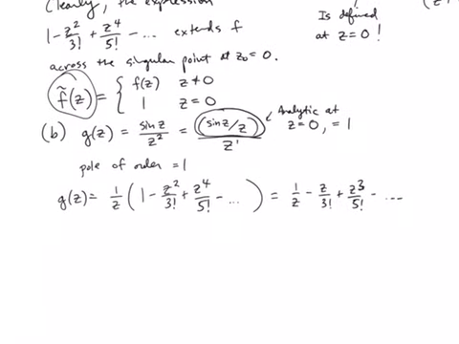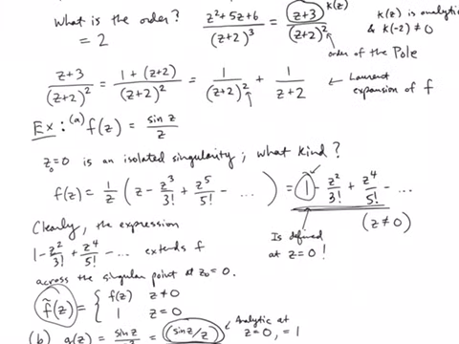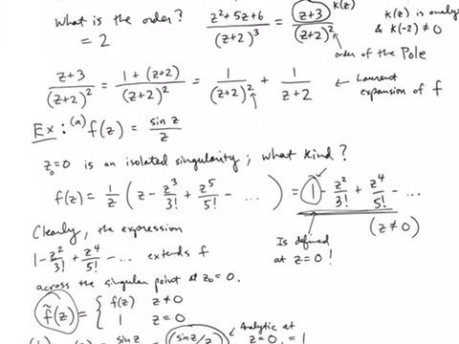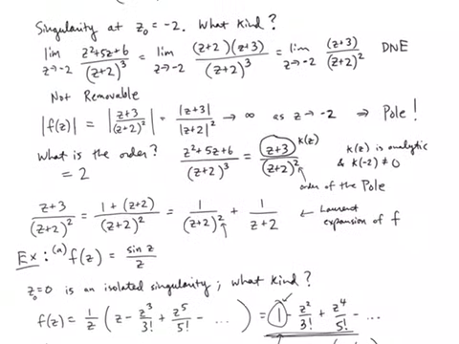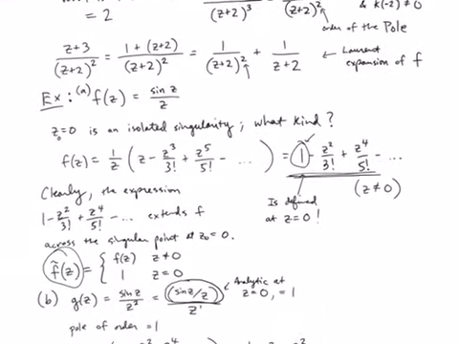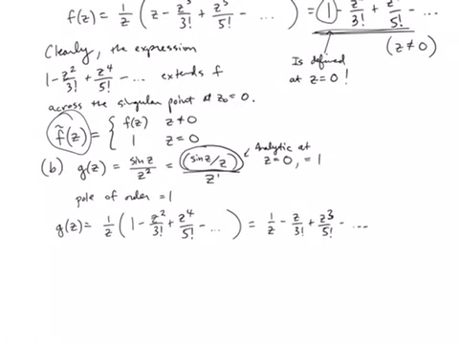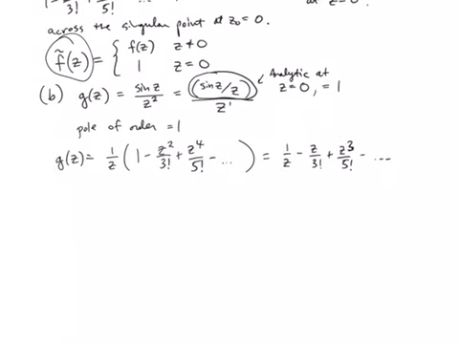And you see the Laurent expansion starts at the negative first power of that z minus 0. Okay, so those are some examples of how to tell the difference between, especially, removable singularities and poles, and writing out the Laurent series around poles.